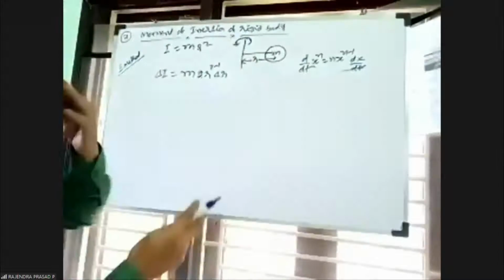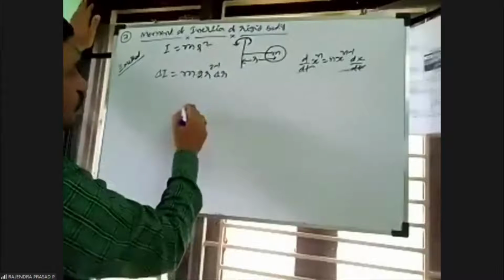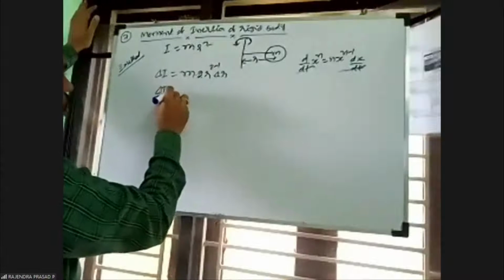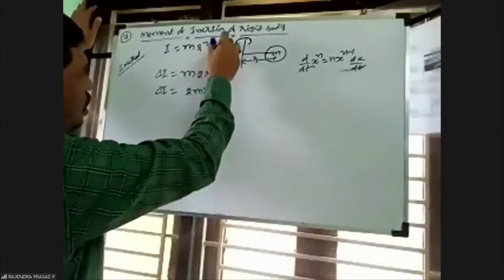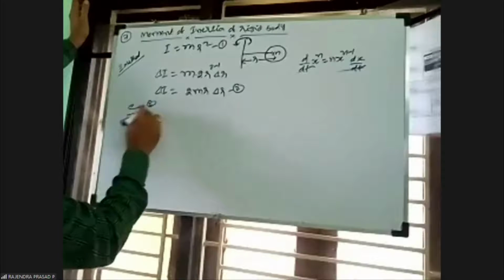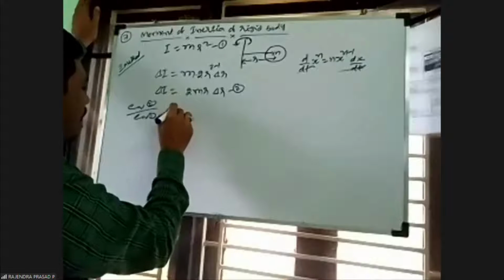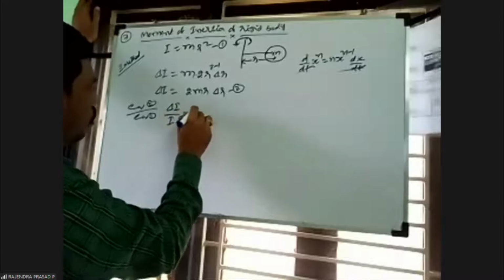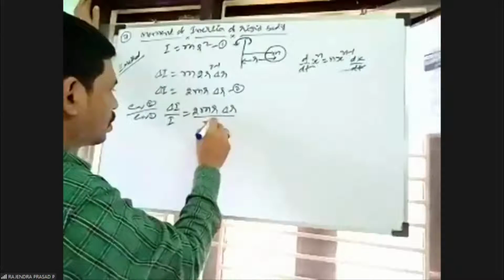Right. So m into 2 into r power 2 minus 1 into delta r. So delta I is equal to 2 mr delta r. This is equation 1. Equation number 2 by equation 1. Dividing 2 by 1, delta I by I equals 2 mr delta r by mr square.